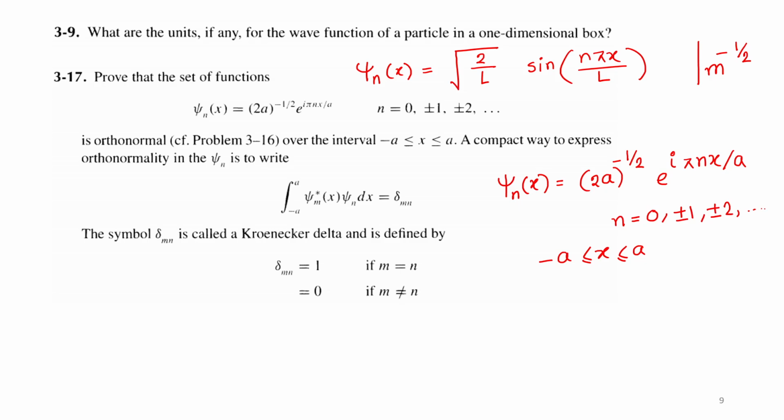Okay, we need to prove that this is an orthonormal function. How will one do that? I'll write it again here.